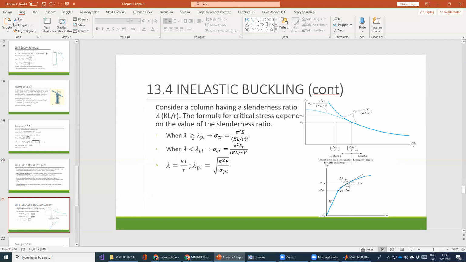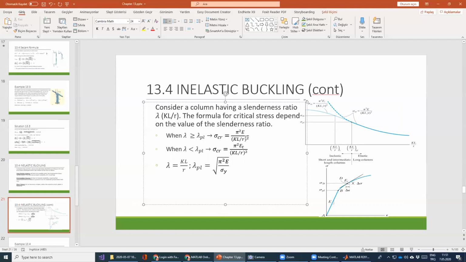If our lambda value is larger than the plastic limit value, lambda PL, which is equal to pi squared E over sigma PL, where sigma PL means the yield stress, then the critical load occurs from buckling. We call this the elastic buckling case, and we use the previous equation, P critical equals pi squared EI over (KL) squared.